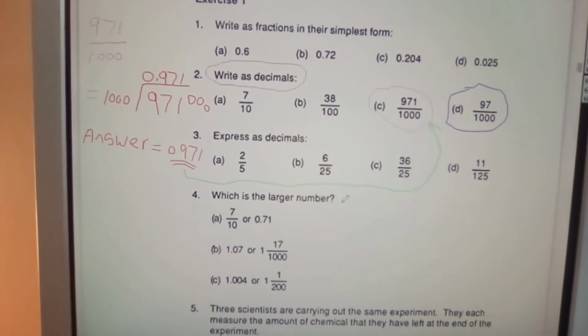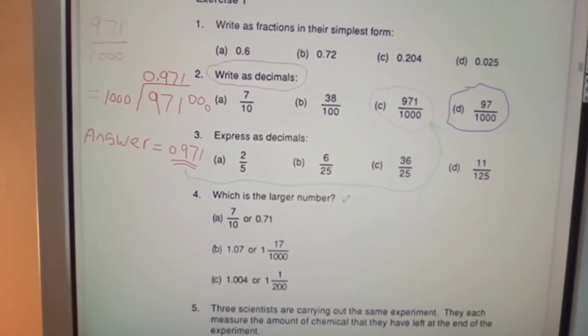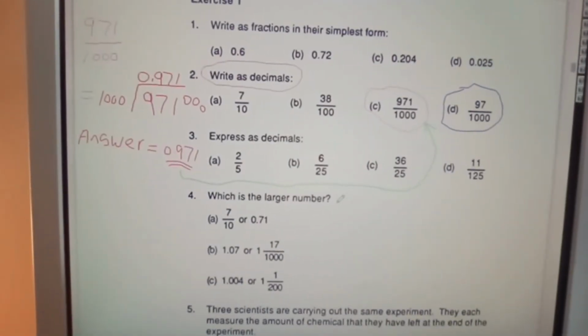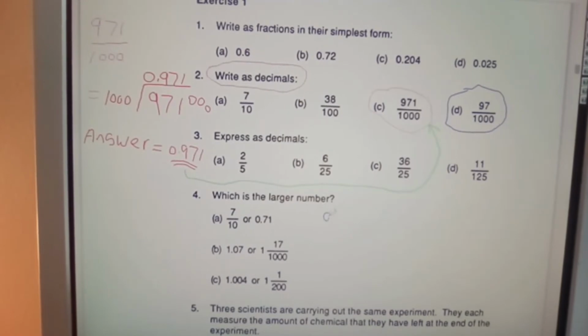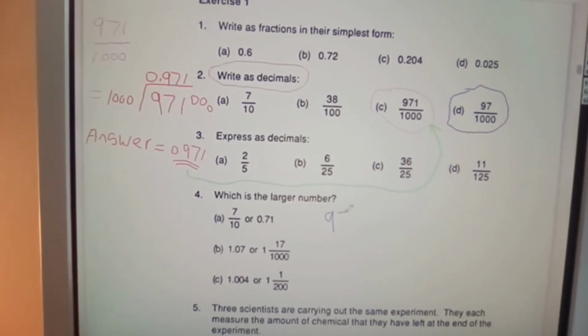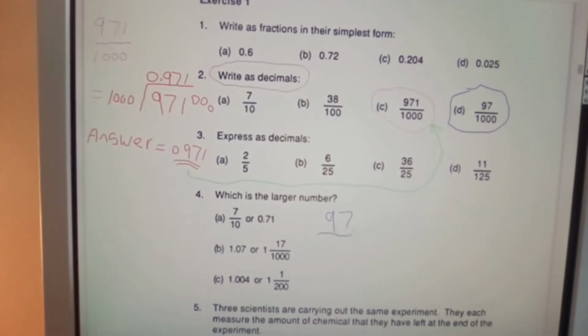And when your brain writes something down, it does not forget. So always try to write out your work wherever possible. So we've got 97 over 1000.